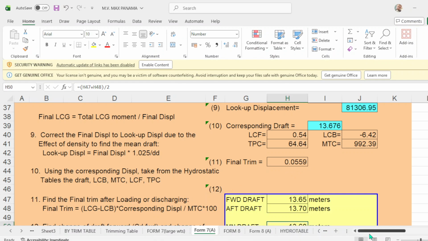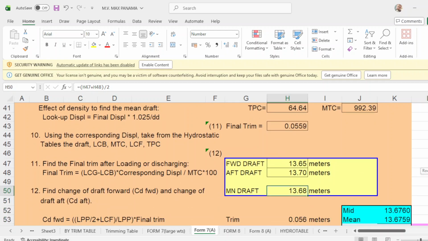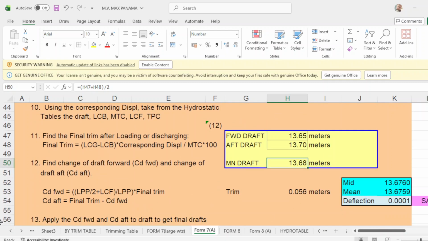Then number 12, you find the change of draft forward. This is the formula: change of draft forward equals half LPP plus LCF over LPP times your final trim.